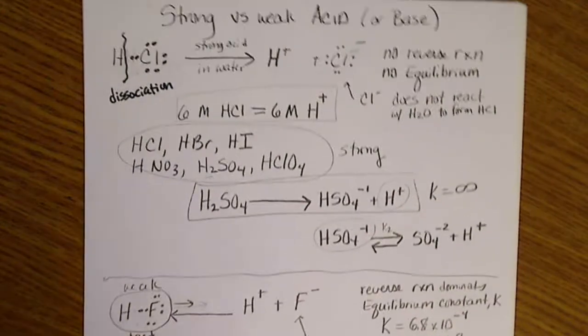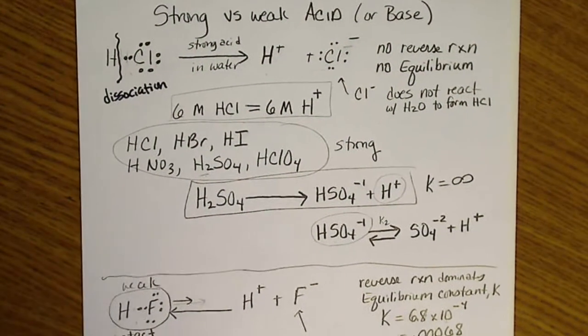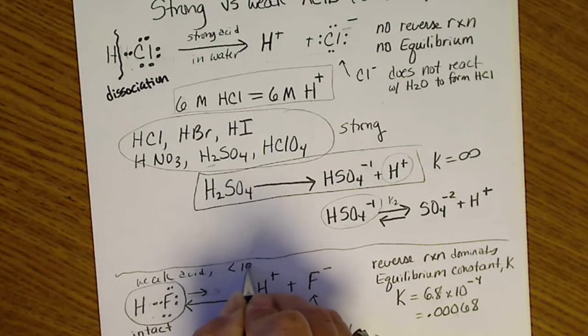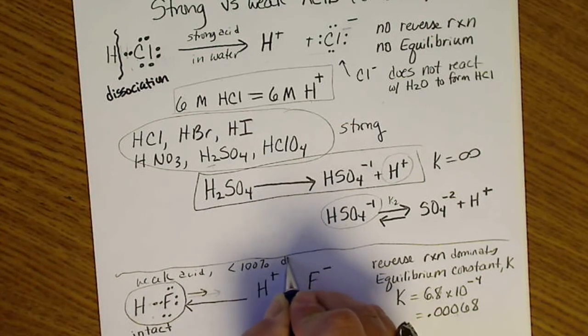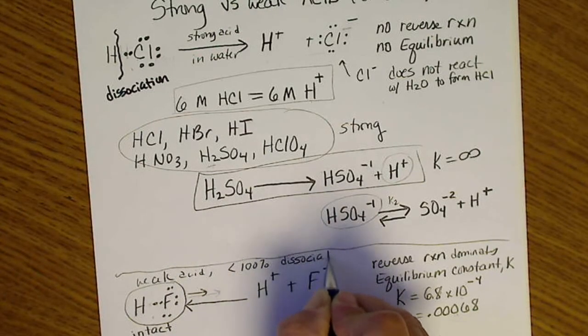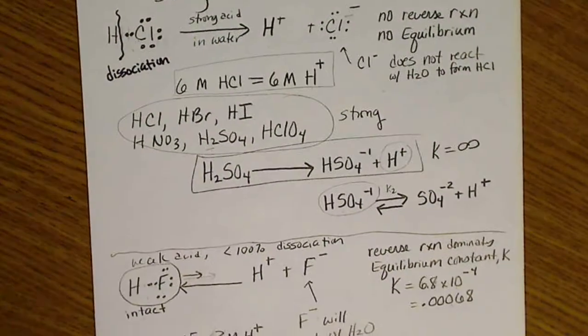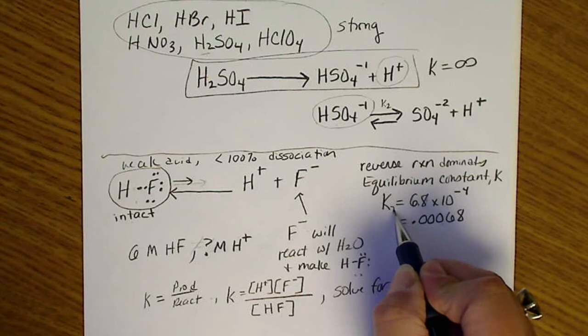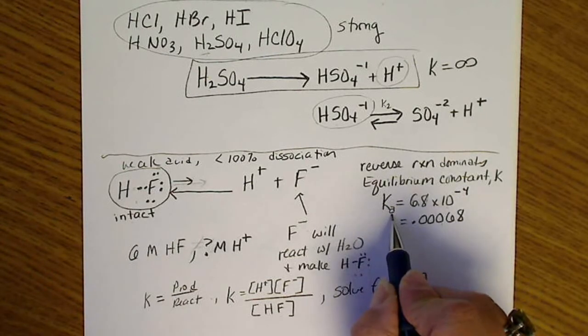So, a weak acid is less than 100% dissociation. And just to recap, the significance of that is we have to look up, our book calls this Ka for acid.